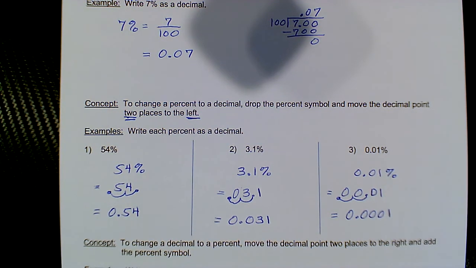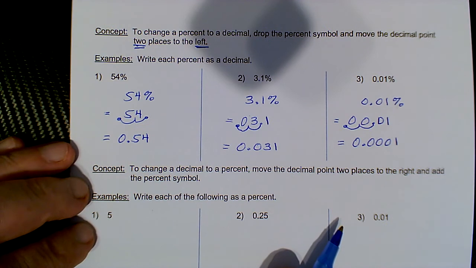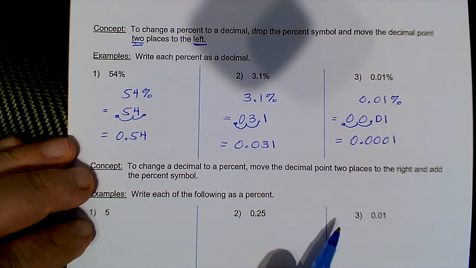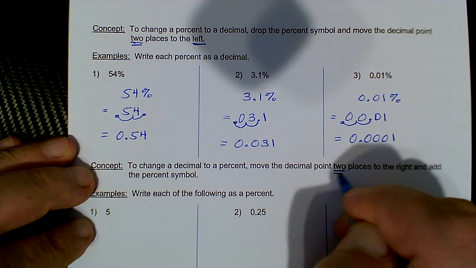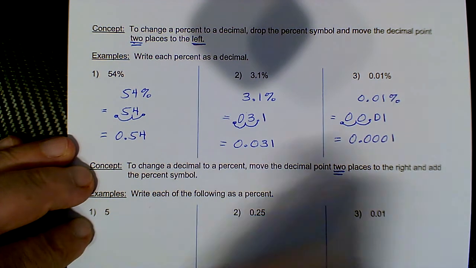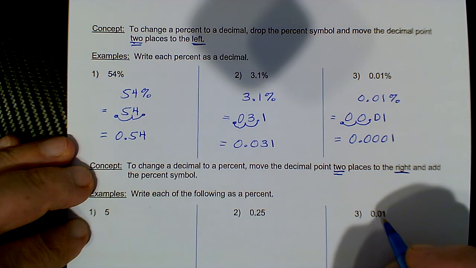And so to go in the opposite direction, to change a decimal to a percentage, we're just going to reverse the process by moving the decimal point. Again, it's always 2 places, but now to the right. And then we're going to add the percent symbol.